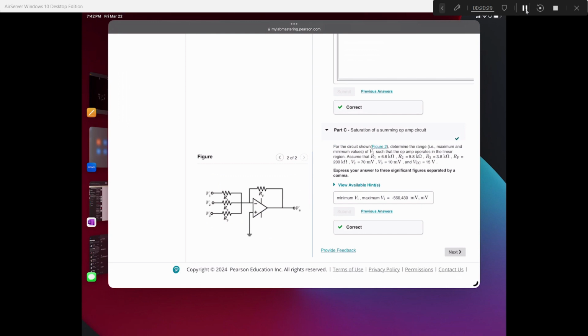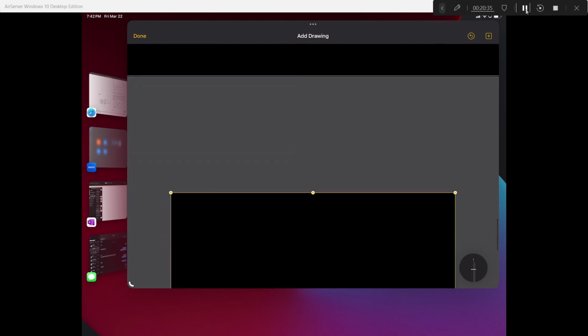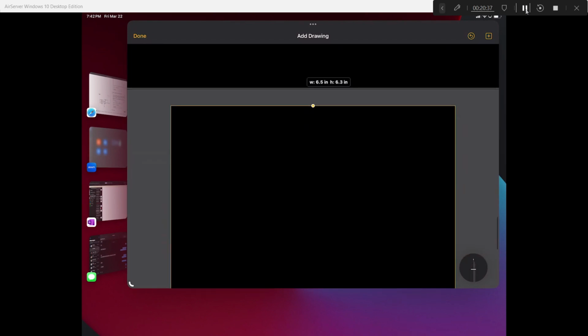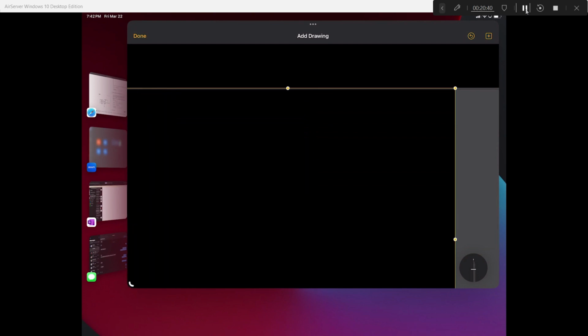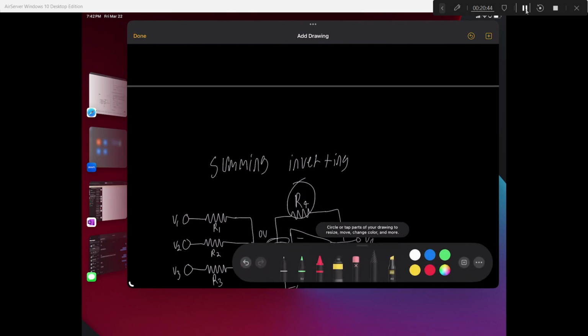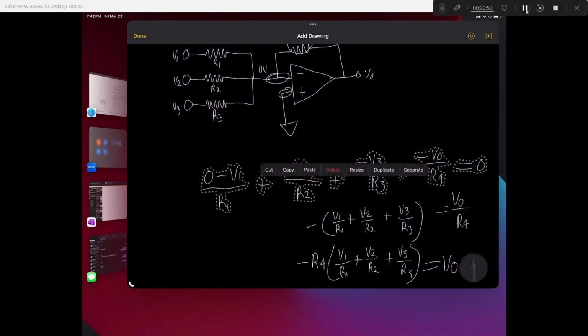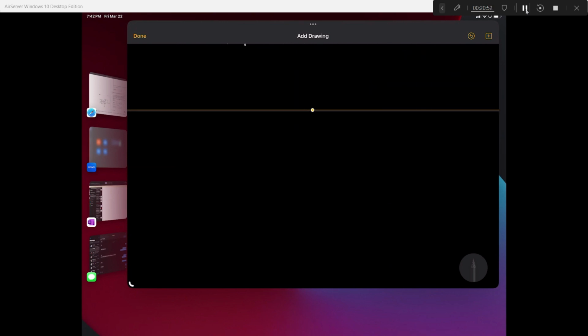So what we're really solving this for is V1. So let's rearrange the equation so we solve for V1. Here's our old equation that we had. Let's manipulate it so it works for us.